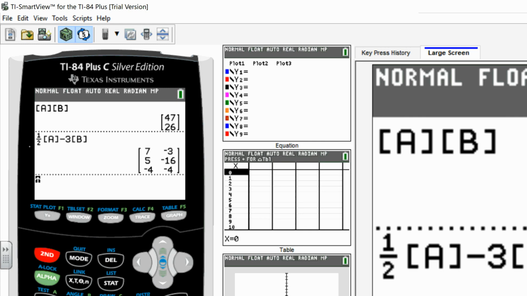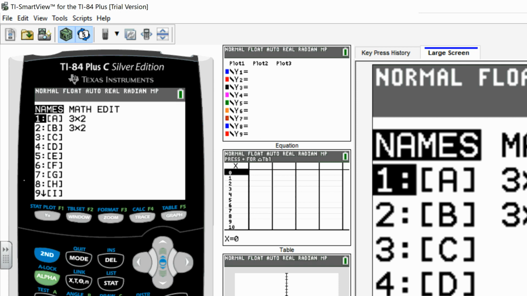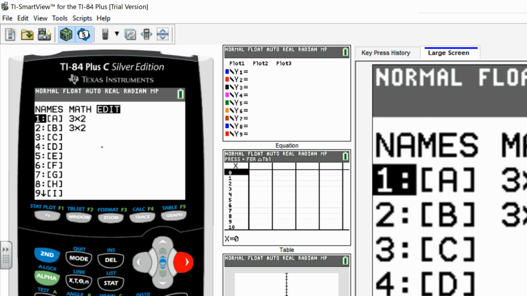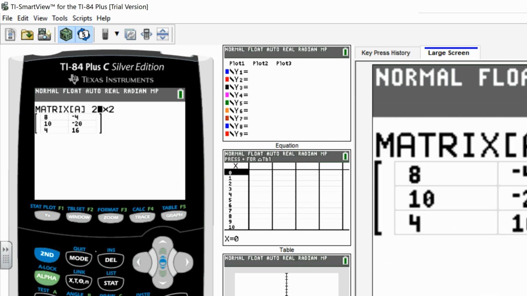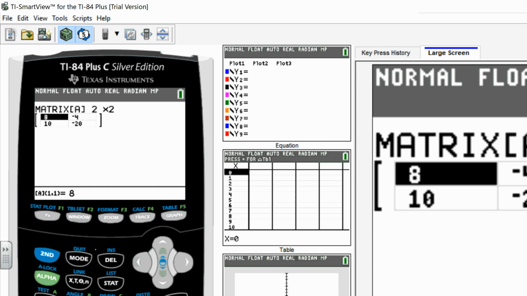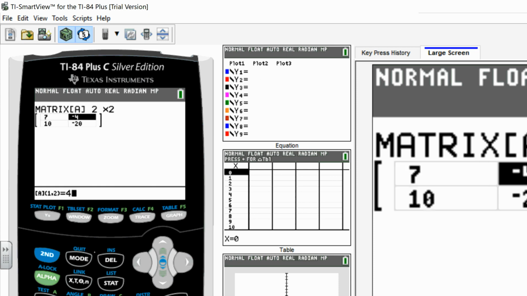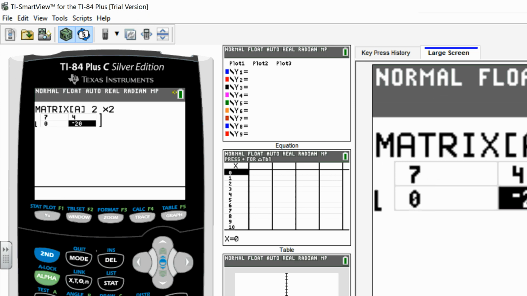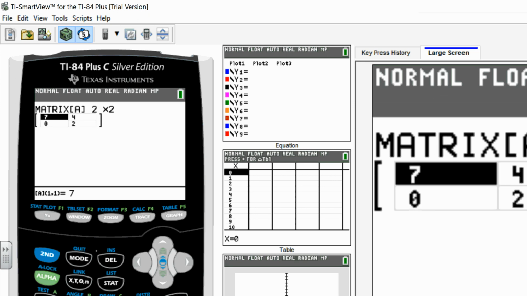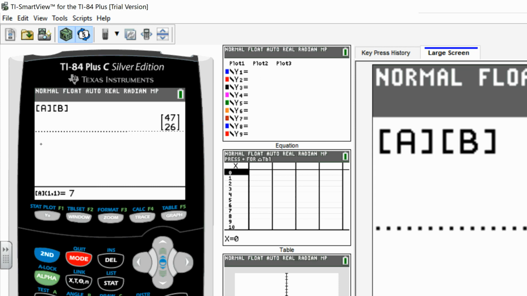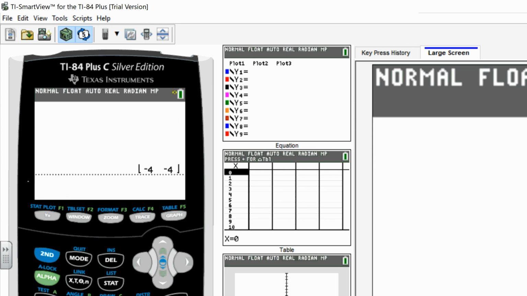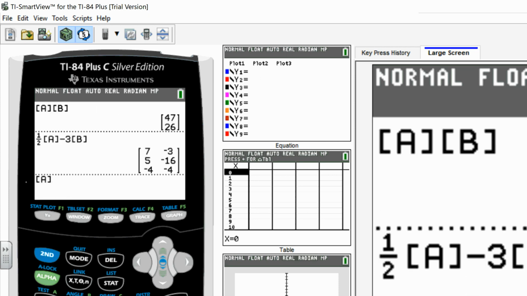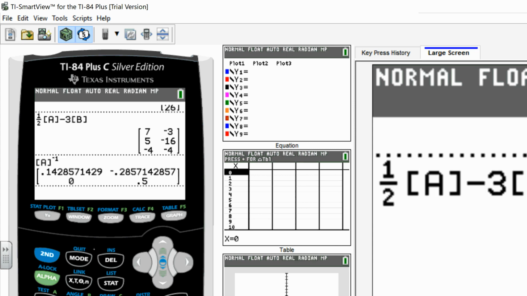So for those that typed it in, you went second matrix over to edit, matrix A, and did a 2 by 2, yes? 7, 4, 0, 2, yes? Second quit, second matrix A, inverse.